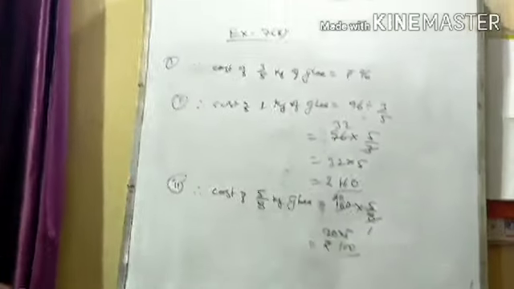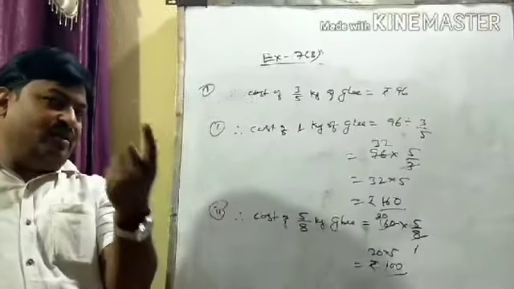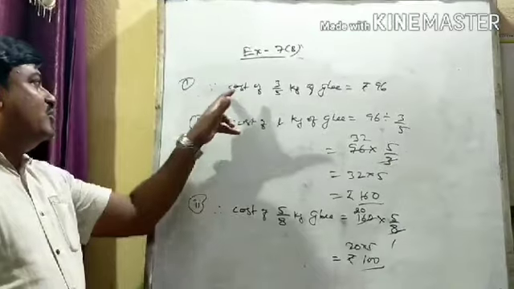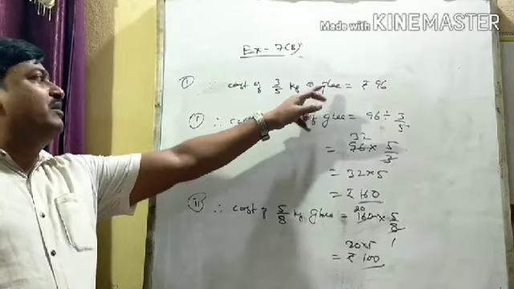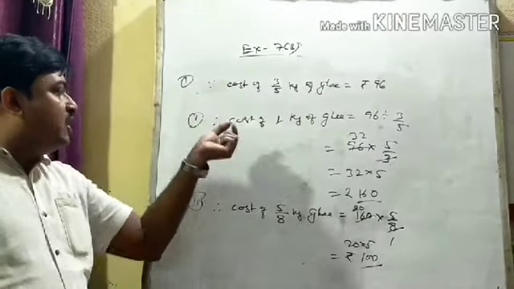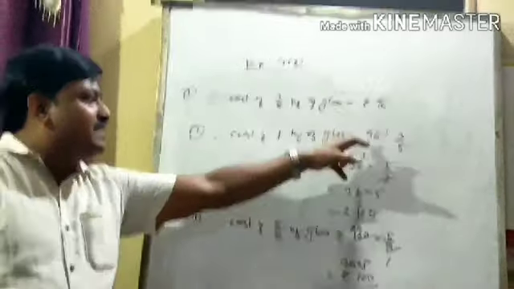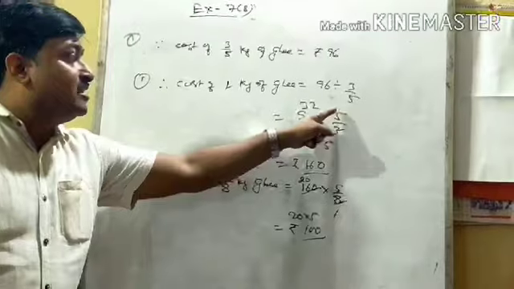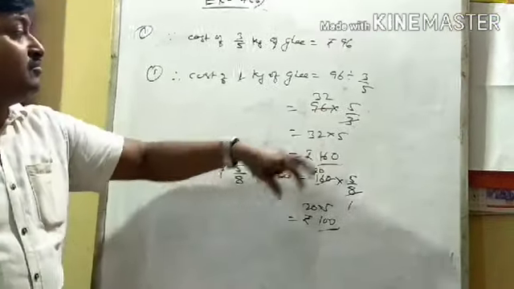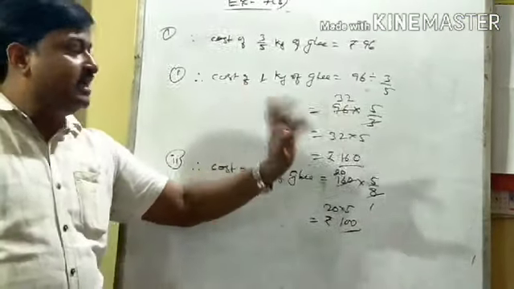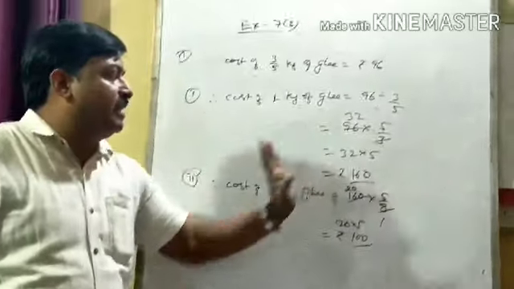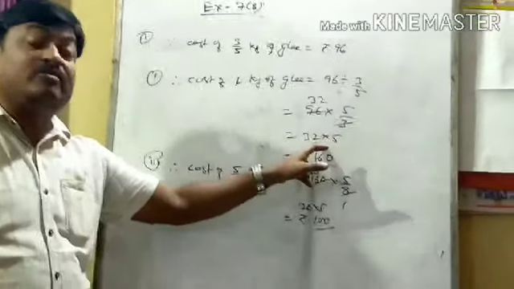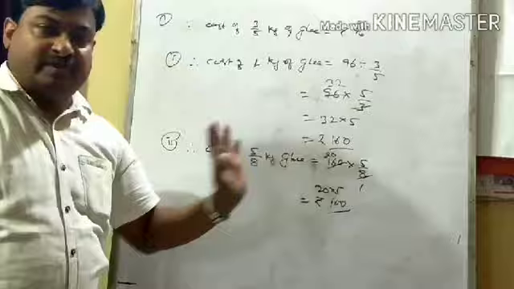So students, first of all we need to find the value of the unit quantity. The cost of 3 by 5 kilogram of ghee is rupees 96, so the cost of 1 kilogram is 96 by 3 by 5. We take the reciprocal of 3 by 5, that is 5 by 3, and the sign changes from division to multiplication. So 96 multiplied by 5 by 3 is 32 into 5, that is rupees 160.